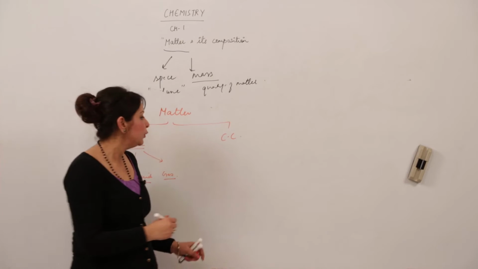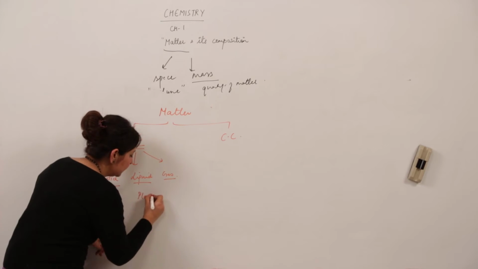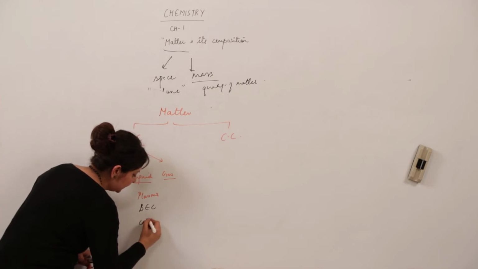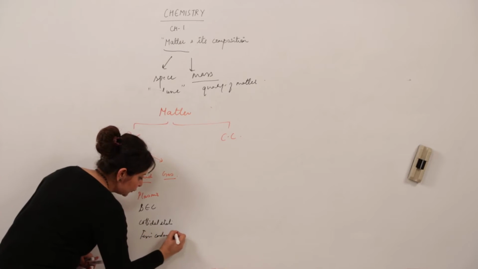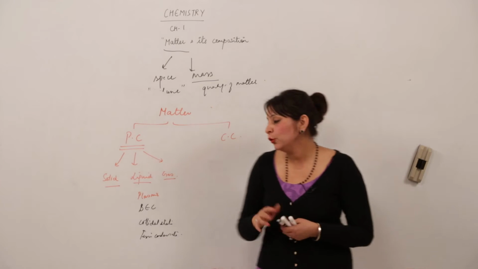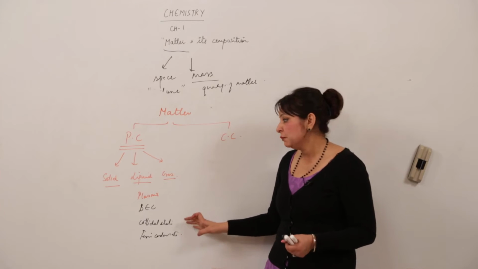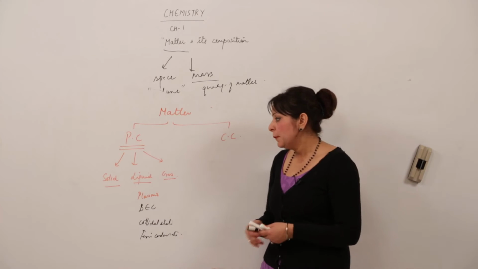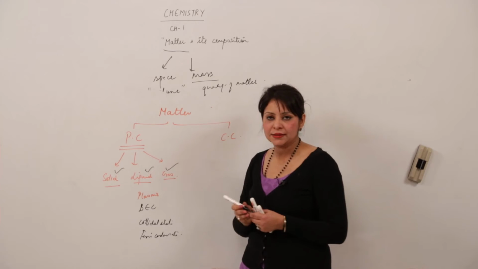I will list for you those other states apart from solid, liquid, gas: plasma, BEC, colloidal state, Fermi condensate. So actually there are 7 states of matter, but in the previous classes you are only familiar with 3 states, and these you will be taking in the higher class. But for your knowledge, matter exists actually in 7 states. But in daily routine life we come across only 3 states: solid, liquid and gas.